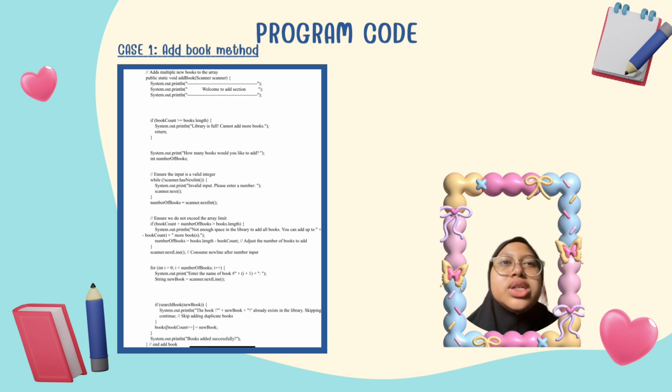If the requested number exceeds the available space, it adjusts the number accordingly. For each book, the system asks for its name and checks if it already exists in the library. If it does, the book is skipped. Otherwise, it's added to the list. Finally, it confirms that the book has been added successfully.